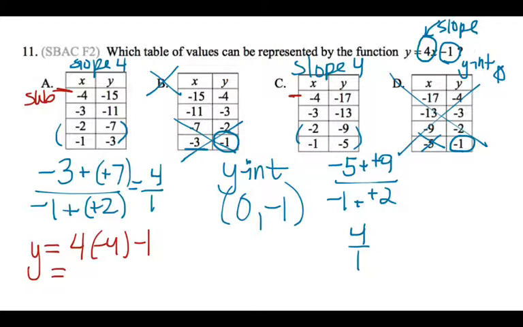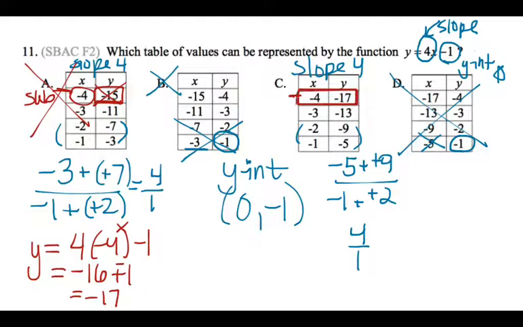If x is -4, like we have right here, I end up with -16 minus 1. Add the opposite, I get -17. So if x is -4, y has to be -17, is it? Nope. A is out. If x is -4, y is -17, that's what I got here. C is my answer.